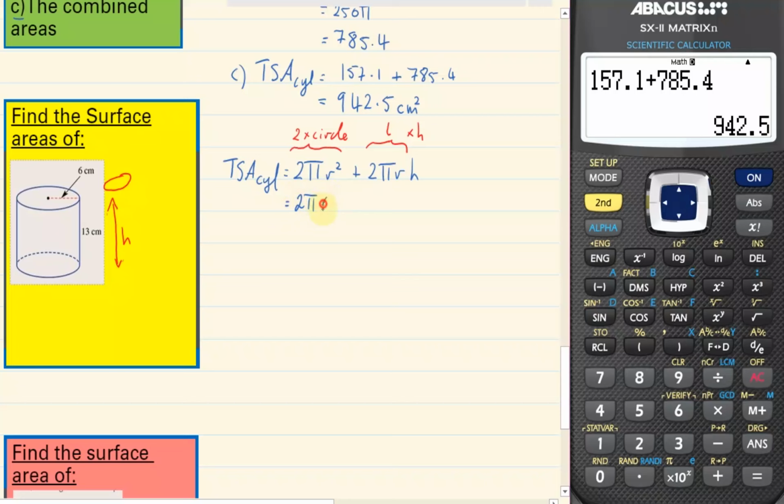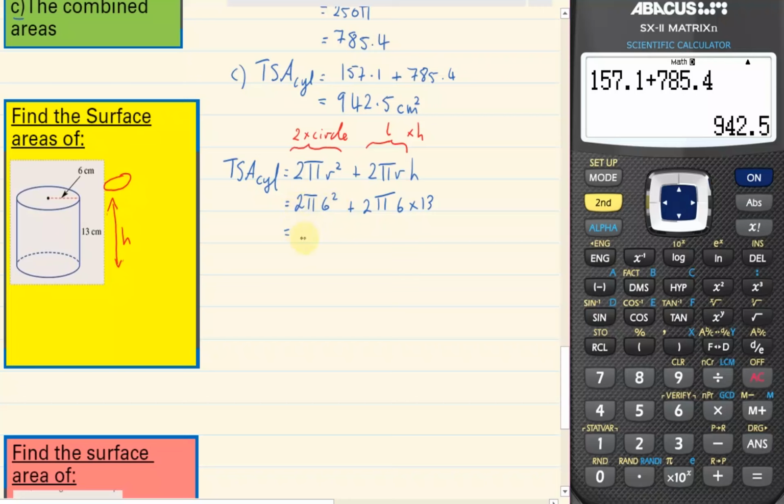So 2 pi r, where r is 6, squared, plus 2 pi r times 13. Okay, now just for the sake of it, to see if it works out neatly, I'm going to simplify some of this.